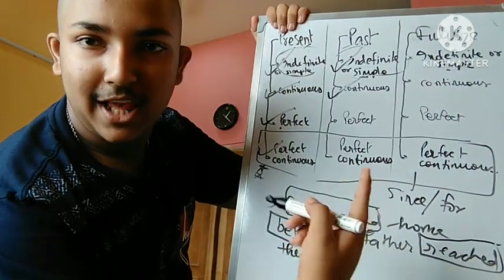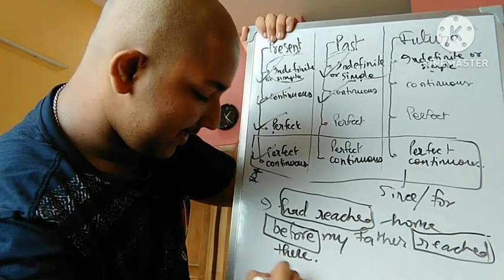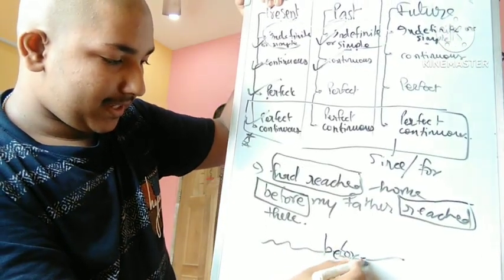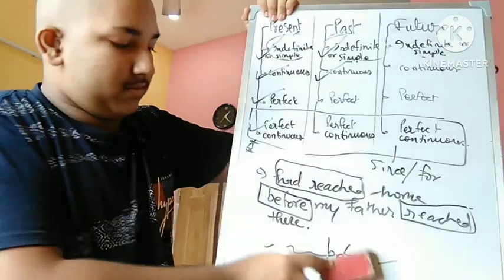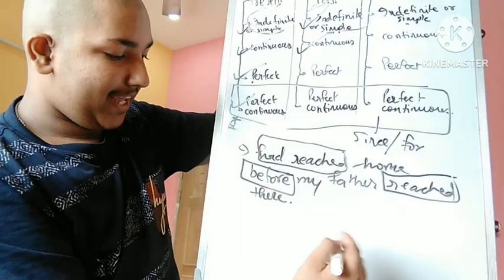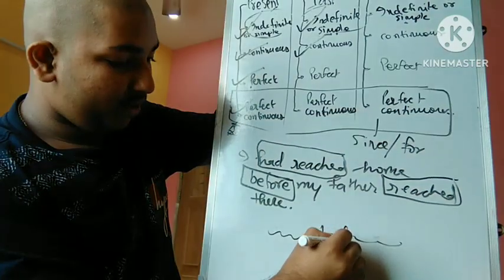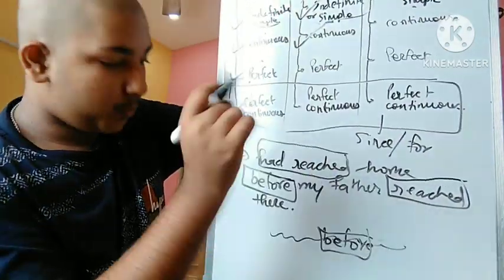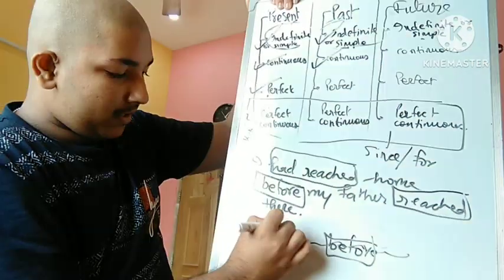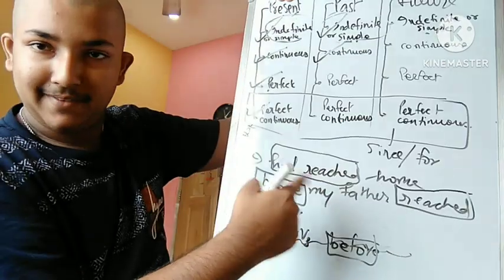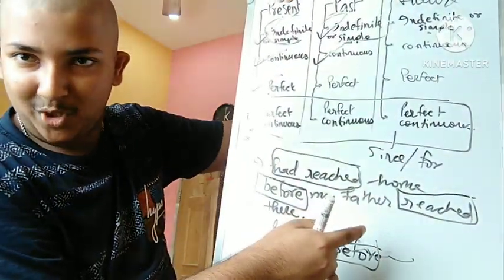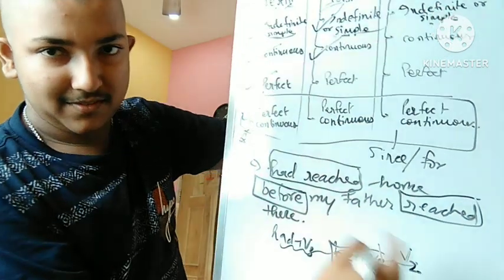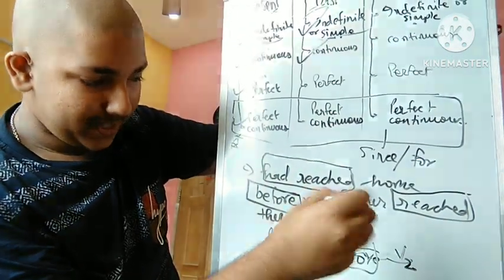In this sentence we are able to learn that if a sentence is written and the word before comes there, this is a very true rule, we will always put the had plus V3 type of verb on this side of the word before. And the V2 form of the verb, the verb's second form, will always be put after the word before.